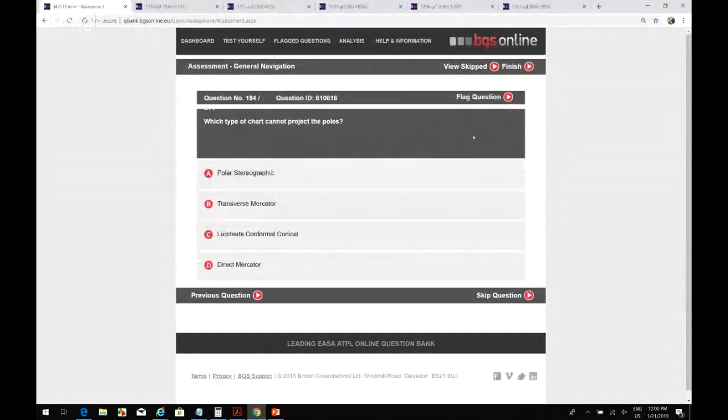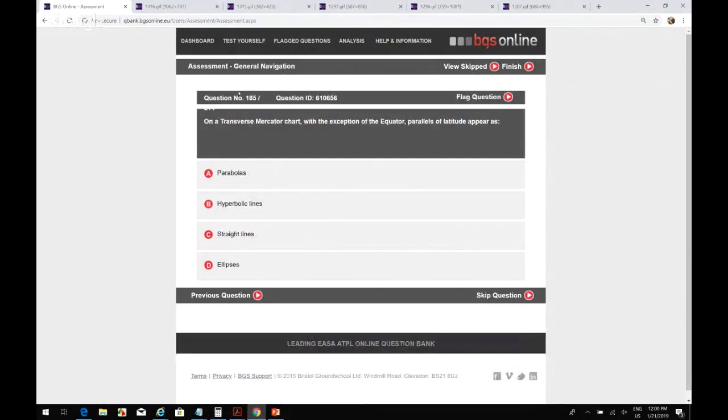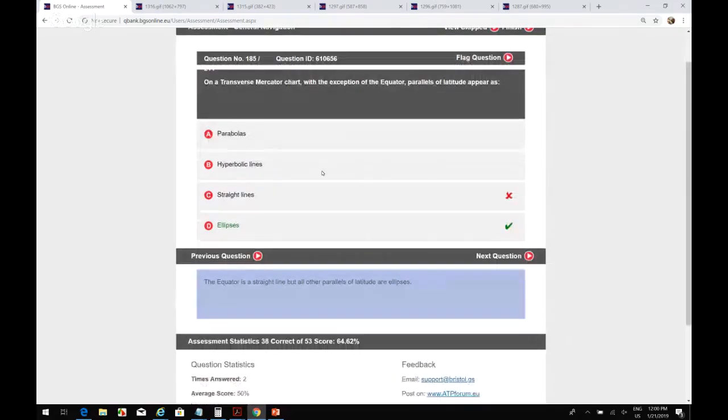What type of chart cannot project poles? Direct Mercator, isn't it? It's cylindrical. On a transverse Mercator chart, what's the difference between a direct Mercator and a transverse Mercator? The section of the equator, parallels of latitude appear as straight lines, ellipses. So parallel equator on the transverse Mercator.